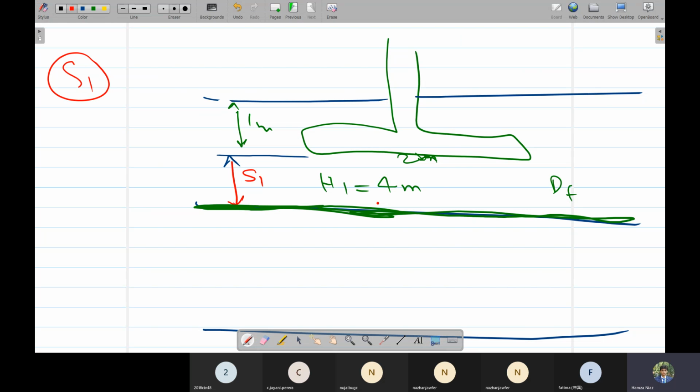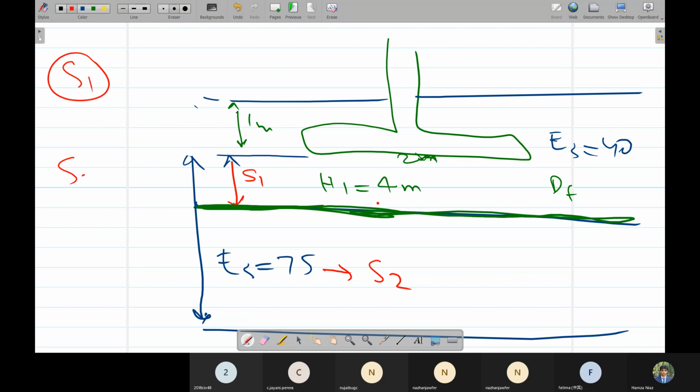Then they assume that the same layer is present from this to this. First this was ES equal to 40. Now they assume that for the whole 12 meters, only the clay layer with ES equal to 75 was present, and they calculate its settlement as S2.